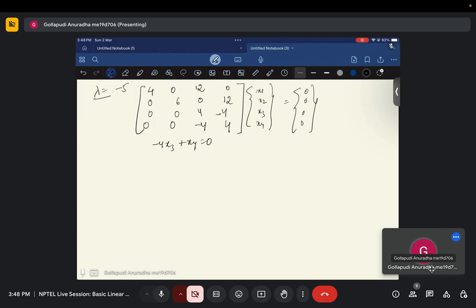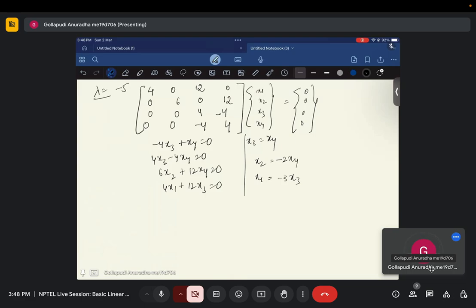Okay, if we solve the equations, minus 4x3 minus 4x4 is equal to 0, and 6x2 plus 12x4 is equal to 0, and 4x1 plus 12x3 is equal to 0. So x3 will be equal to x4, and x2 will be equal to minus 2x4, and x1 will be equal to minus 3x3.